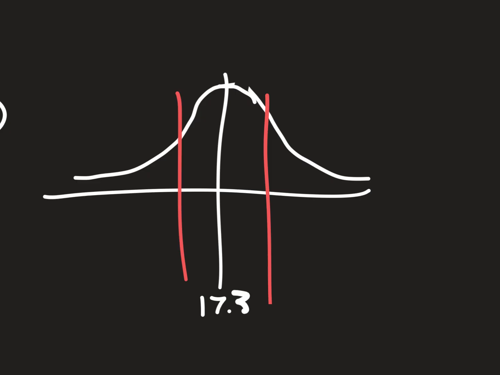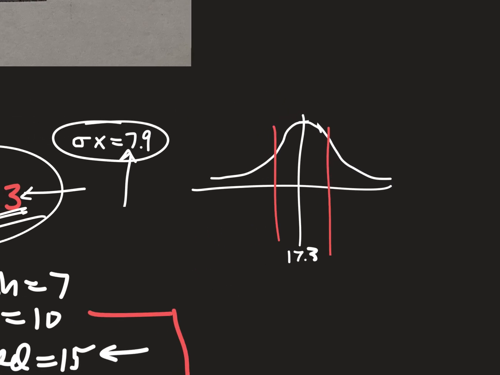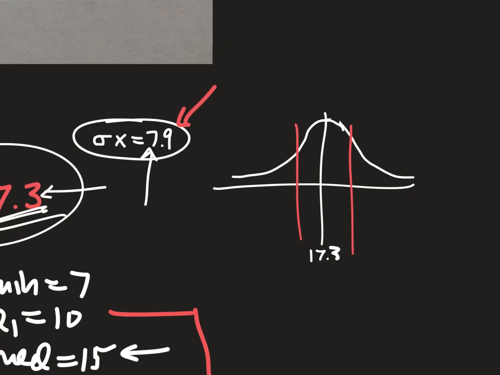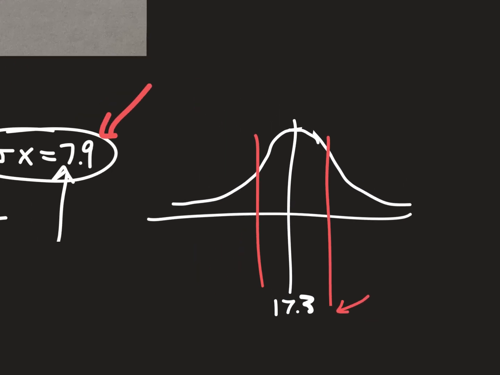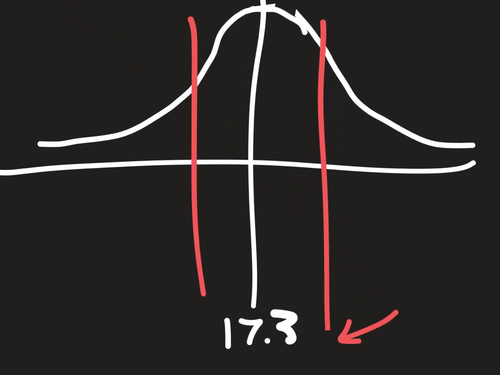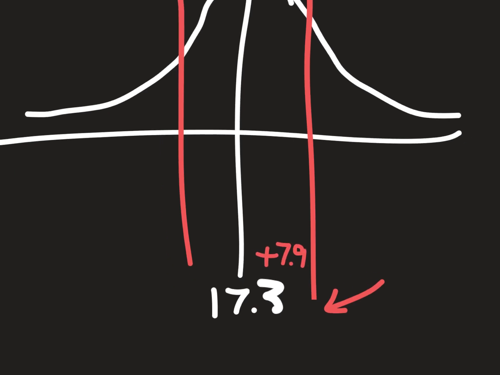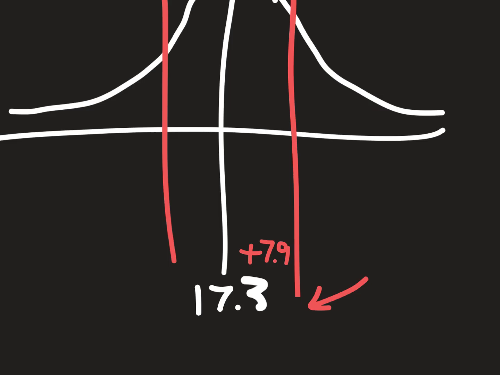So if the standard deviation was 7.9, you would add 7.9 to the 17.3. I'm going to just do that with my calculator real quick. 17.3 plus 7.9, and I get 25.2. That spot right there is 25.2.